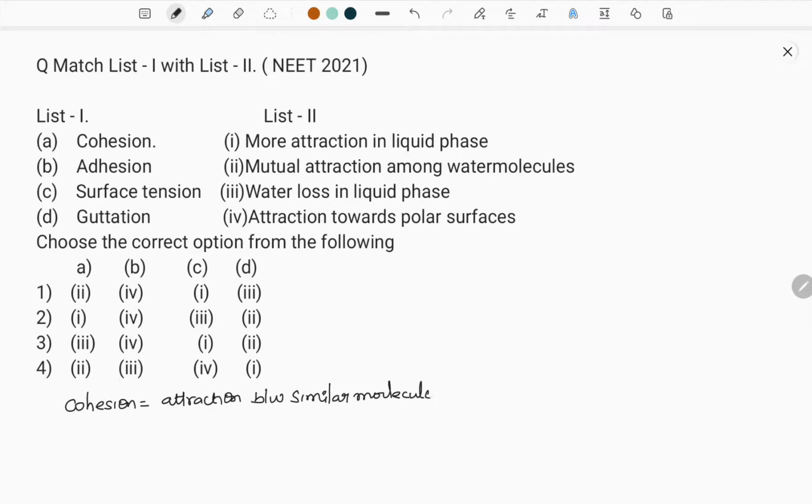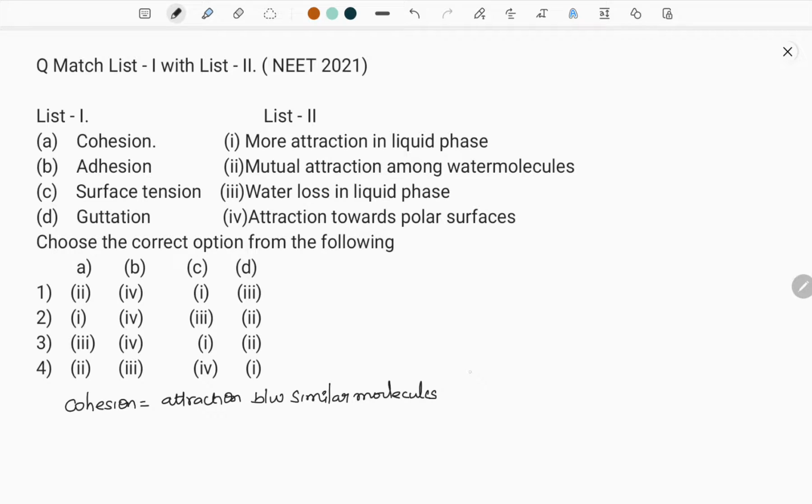Attraction between hydrogen atoms can be cohesion. Attraction between two petals that unite is cohesion. Attraction between two sepals of the same flower is cohesion. So any attraction between similar molecules is called cohesion.